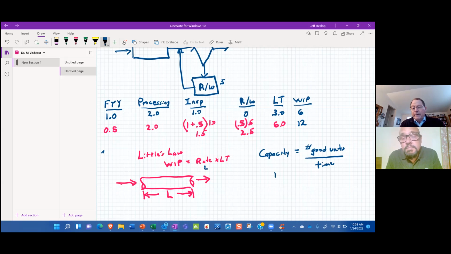So if I take the reciprocal of capacity, this is the lead time. It's the number of good units. But anyway, the reciprocal of that, if you look at the units, it's time.